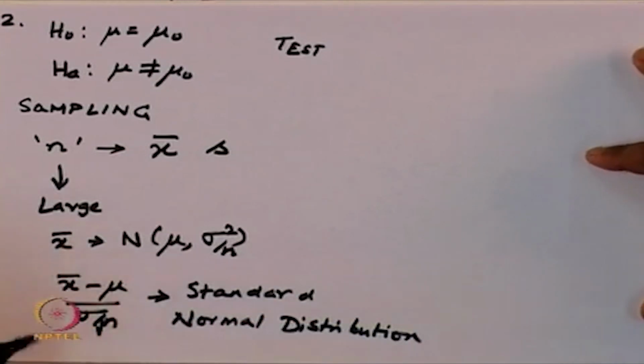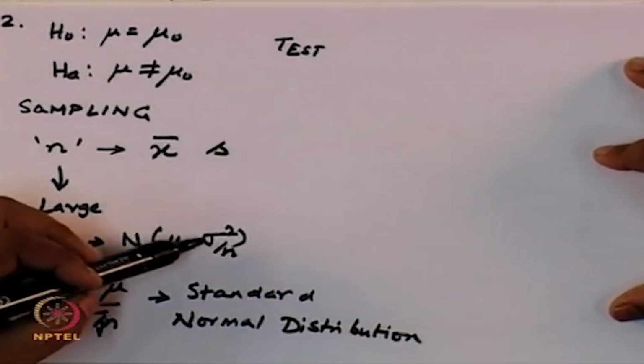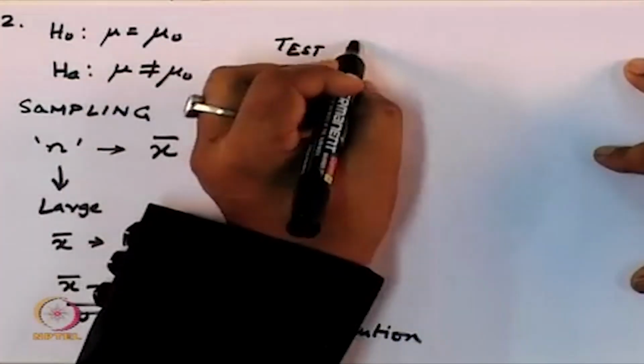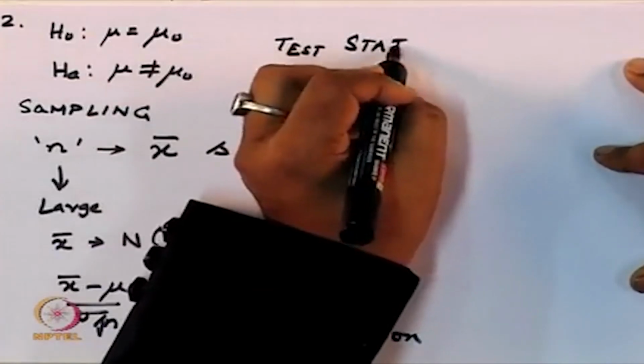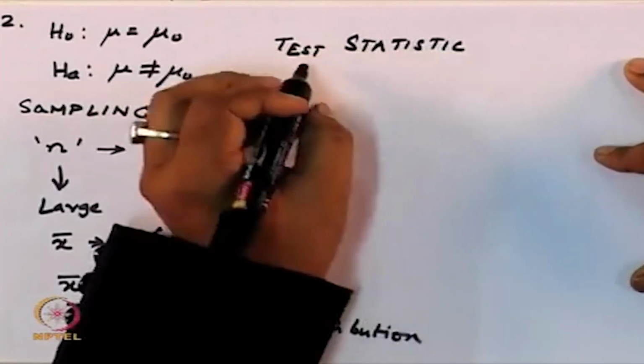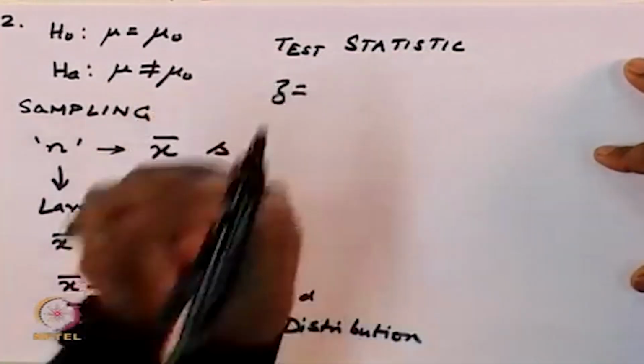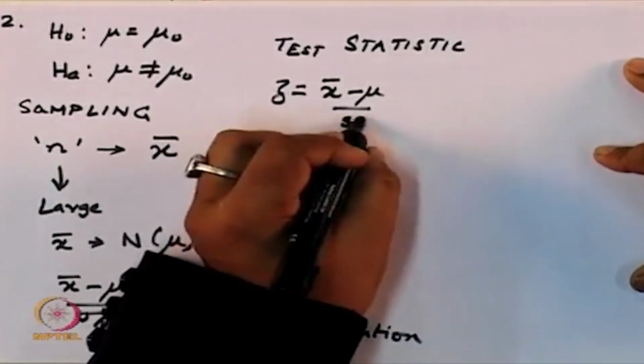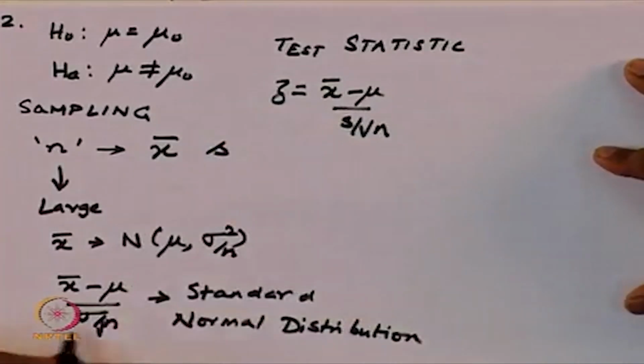Since I only have the sample, I do not know exactly sigma, but what I have calculated is s. So, my test statistic is calculated by this value z defined as x bar minus mu by s by root n.